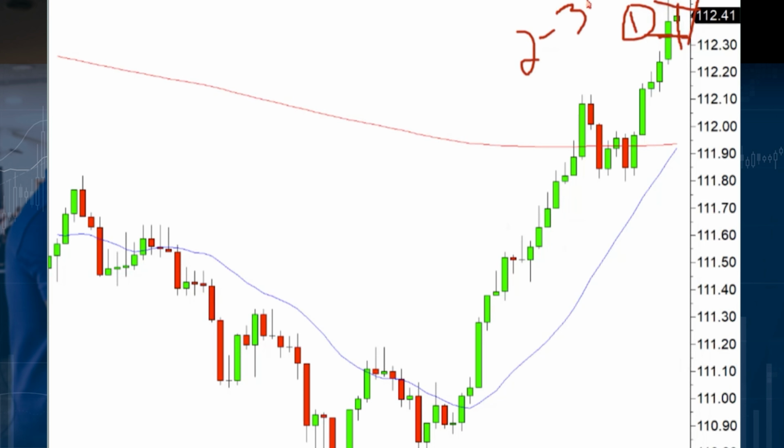And so you're going to build 2 to 3 to maybe a 4 lot play. And you use maximum loss per trade as your stop. You don't use a technical stop. So you ease into it on every signal.